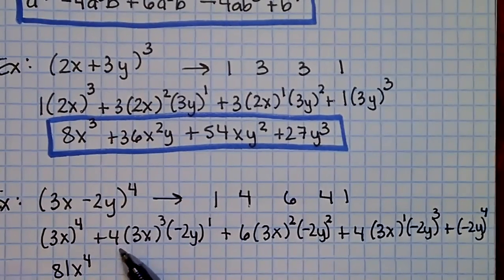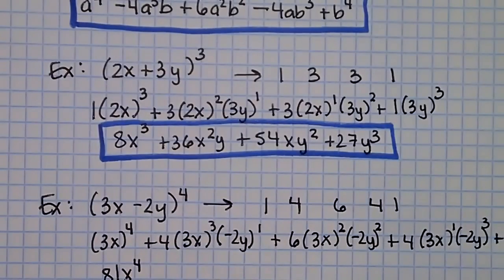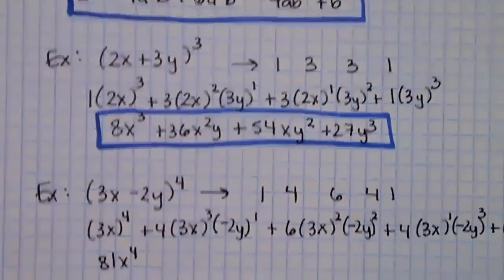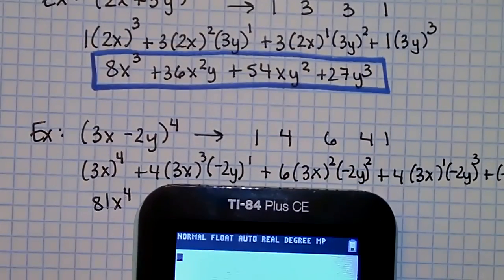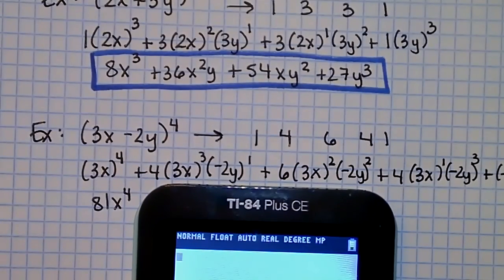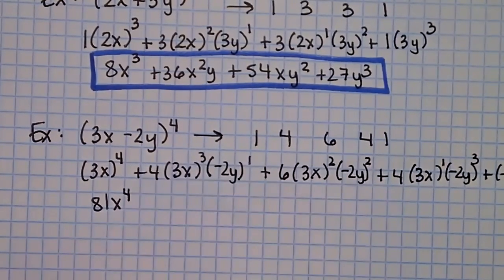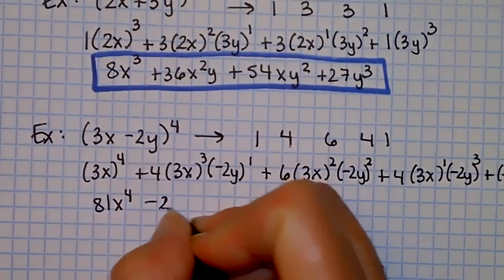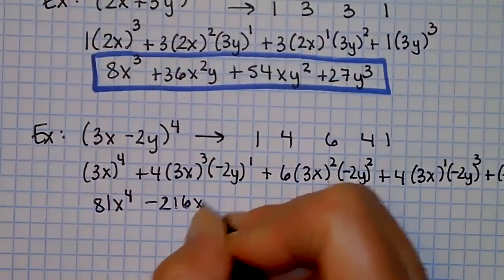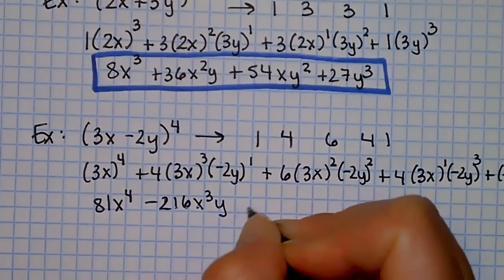Now here, just to show you, you guys could just put the numbers in your calculator if you don't want to do all of that in your head. Now when I'm saying the numbers, I have a 4 times a 3 to the 3rd, which is 27, times a negative 2, and I end up getting a negative 216. So it's going to be minus 216x to the 3rd y.